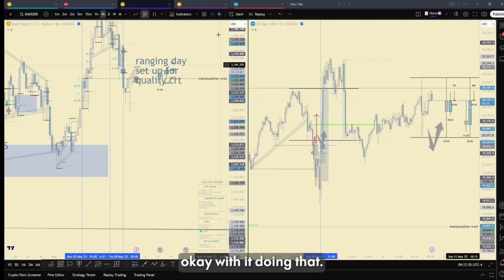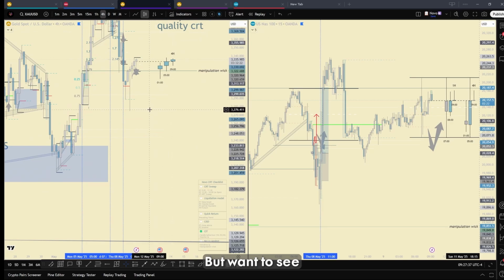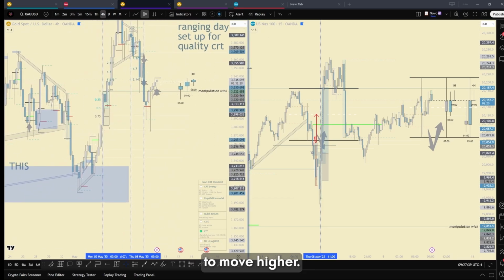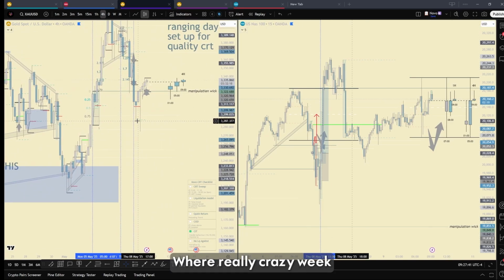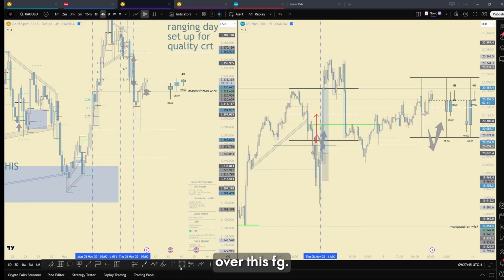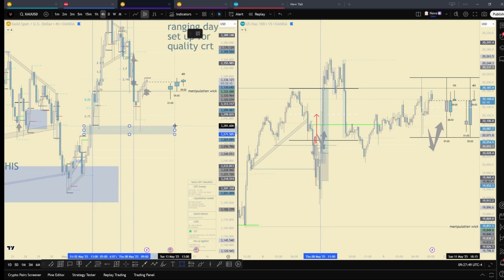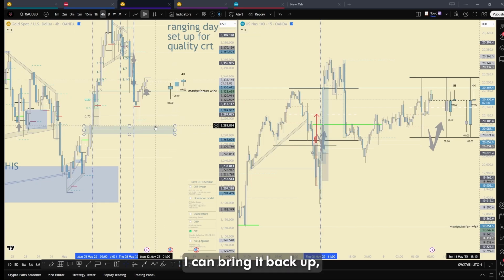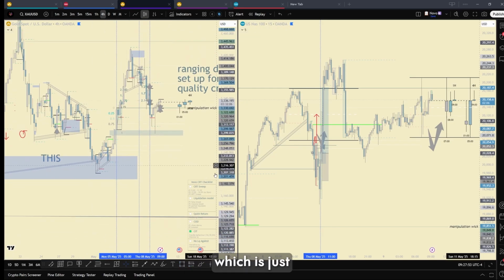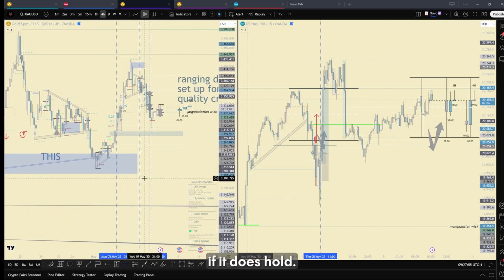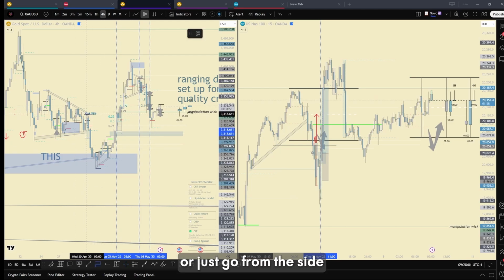I'm honestly okay with it doing that, but I want to see if it has a probability to move higher. We had a really crazy wick yesterday that pulled price back up here off of this FVG. So I want to see how price plays around here and if that can bring it back up. Which currently is just a thing of if it does hold. Let me just quickly see the retracement here. So I'll just go from the side towards the low.